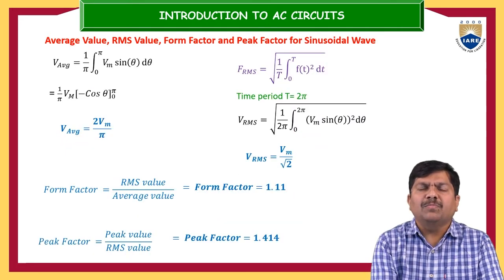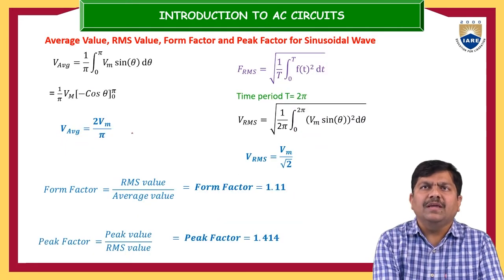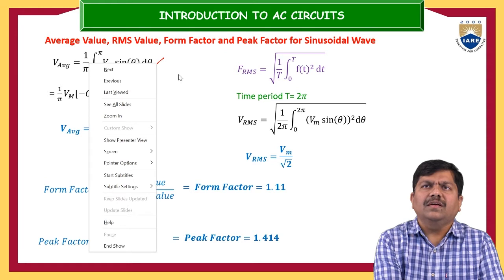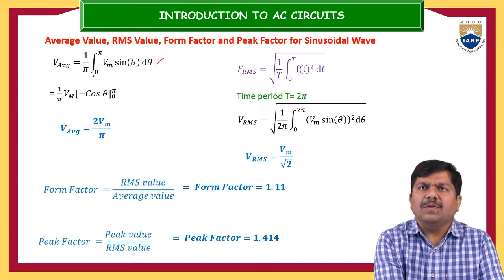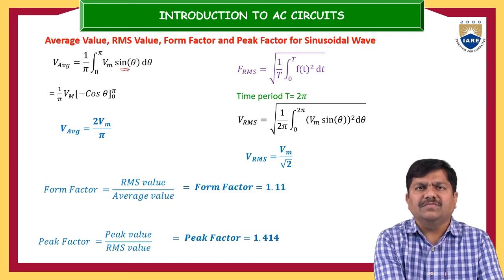V average is 1 by pi integration over 0 to pi of V maximum sin theta into d theta, which is the expression we have already represented for the average value. So this is 1 by pi into V maximum, writing it outside the bracket, and the integration of sin theta is minus cos theta, with limits 0 and pi.